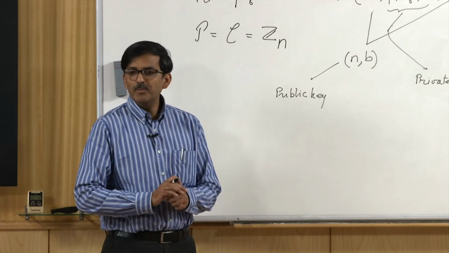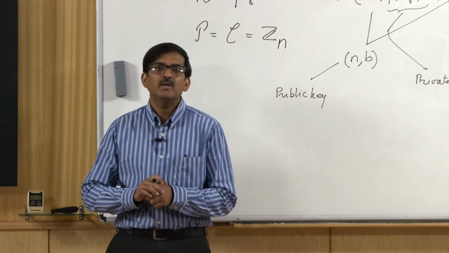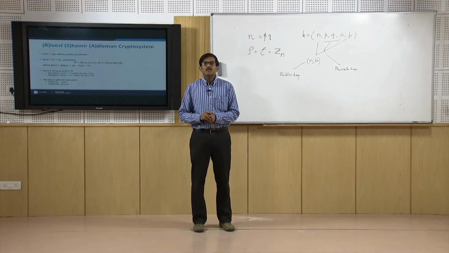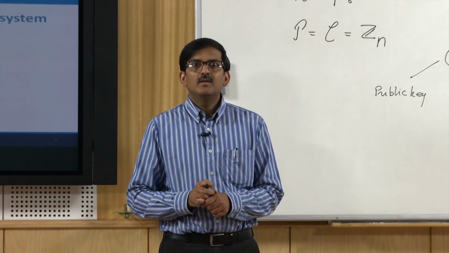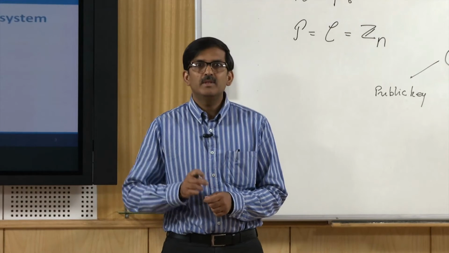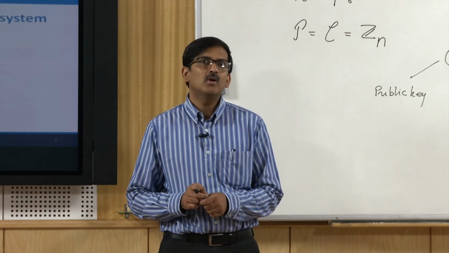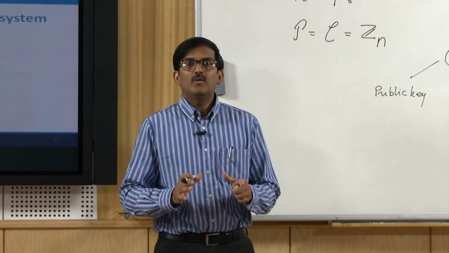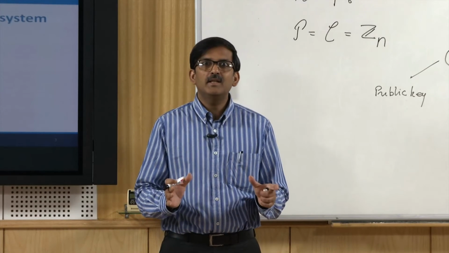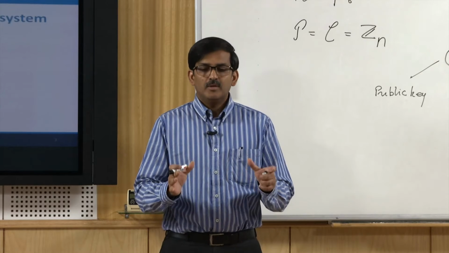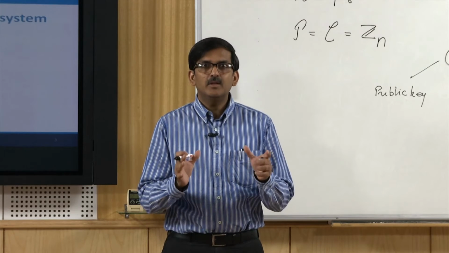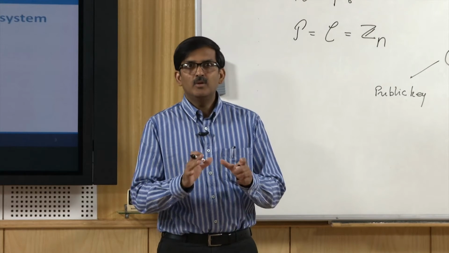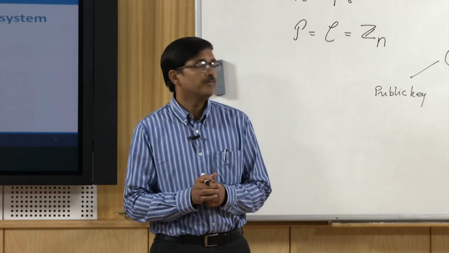So, it is computationally infeasible for anyone to compute A given B and N without the knowledge of P, Q or phi n. This is a claim on which the RSA cryptosystem rests, and the security of RSA depends on it, and nobody has been able to disprove this claim.